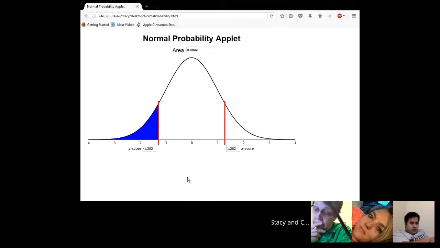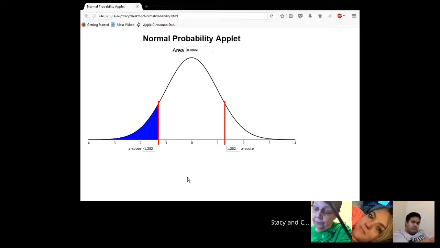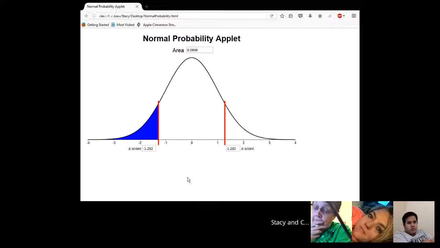I got to read my own writing to make sure. Okay. Sorry. Plus 150.8. So I got 139.518. So I don't know what we're supposed to round it up to.